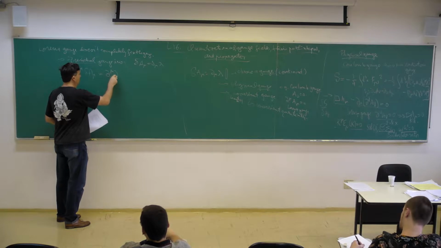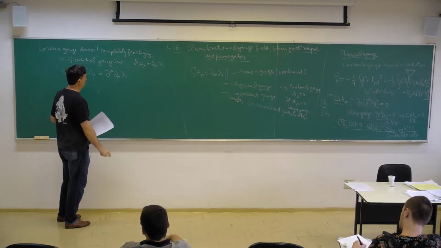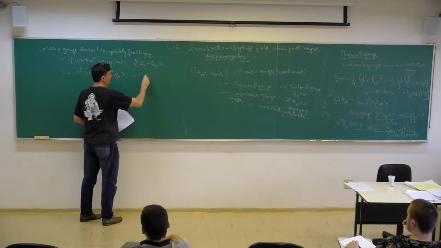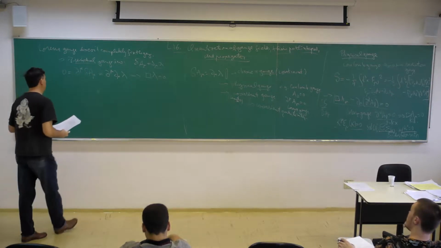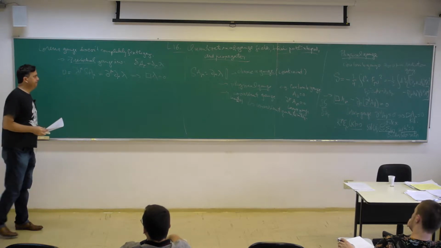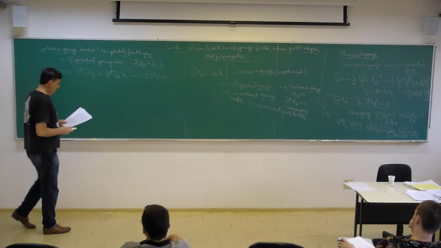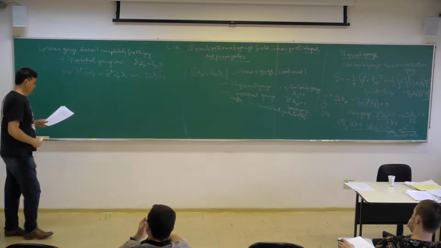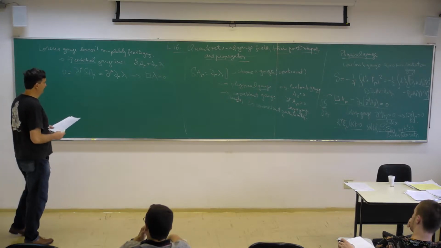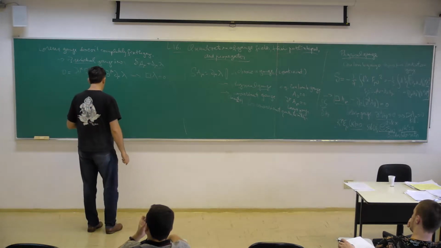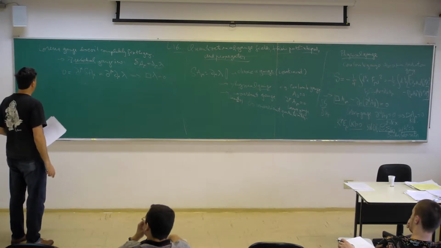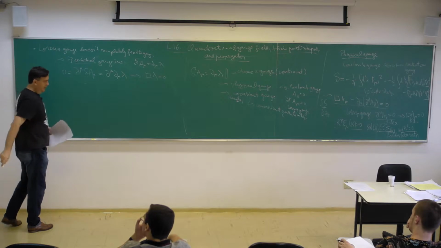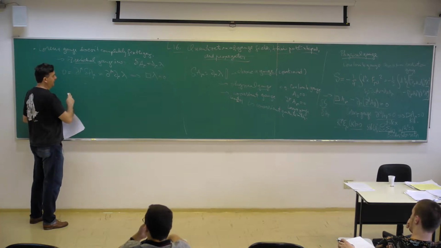And the variation would be ∂_μ λ. So you see, if I take this gauge transformation with box λ equal to 0, then I still am within the Lorentz gauge. So I have this residual gauge transformation.